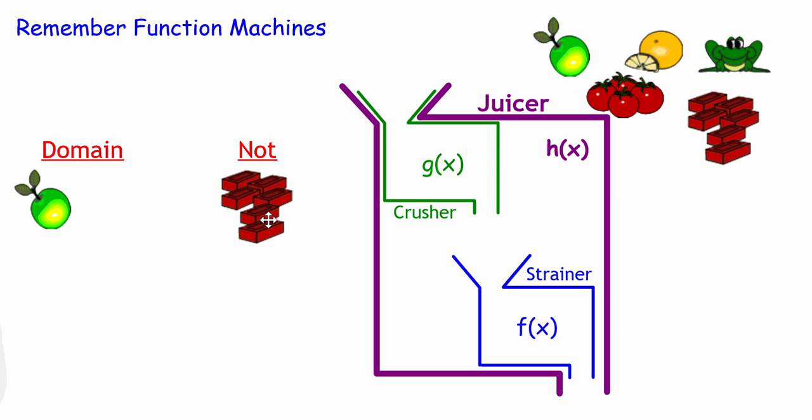And so I'd have to say the bricks are not in the domain for my composition of functions because they can't make it through this point. It can come in the top, g of x can take it fine, but that problem in the middle leads to a restriction on what I will put into the very top of the machine. That's what happened in this question that we just looked at.